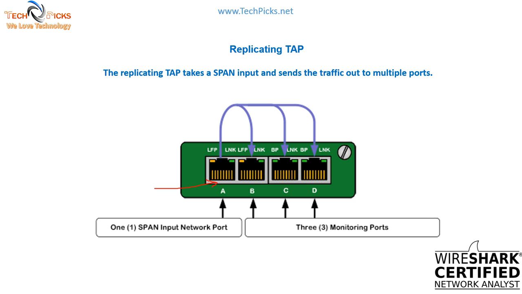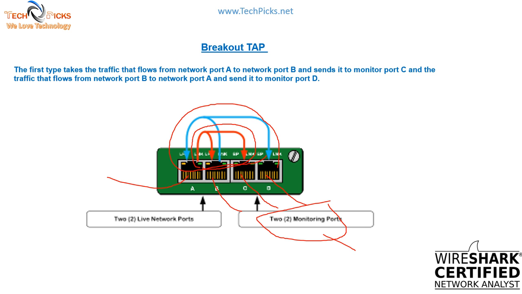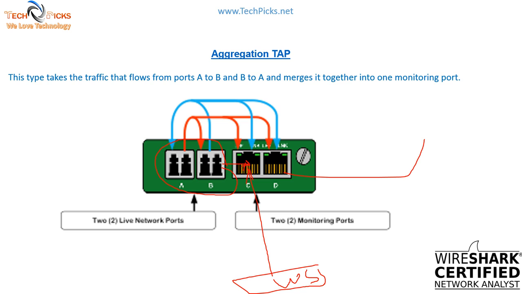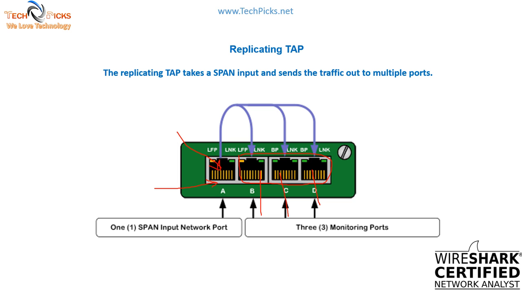When you connect the SPAN port here, all these ports right here will have all the information that this SPAN port has, and you can tap into all of those ports or any one of them and you will get the information. So these are the three types of taps: breakout taps, aggregation taps, and replicating taps.